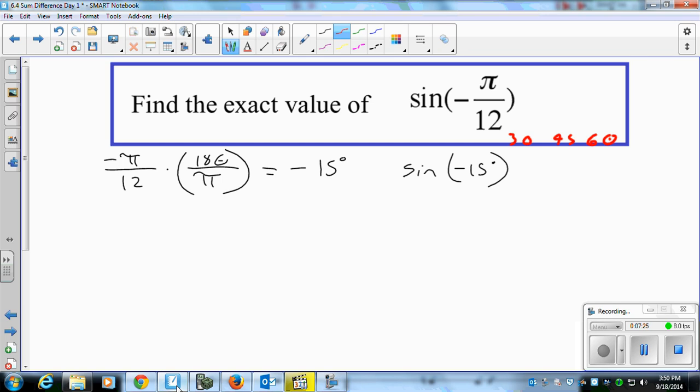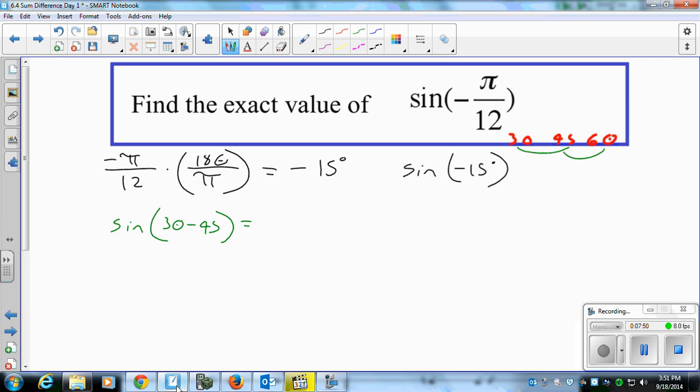Well, there's a couple different ways I could do it. I could do 45 minus 60 or 60 minus 45. Both will give rise to the same solution. I'm going to go ahead and choose to do sine of 30 minus 45, which is sine of negative 15, and I'm going to use my difference formulas.